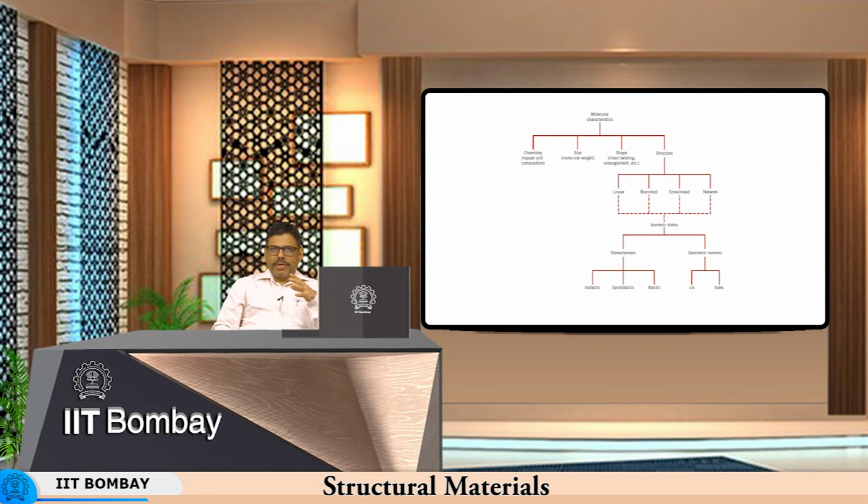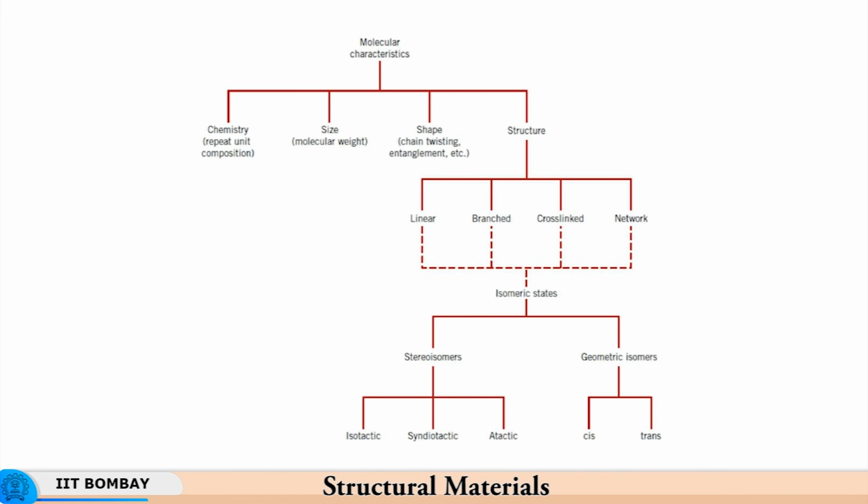But if they get cross-linked, then the degree of freedom of every polymeric chain gets curtailed, and as a result the freedom of movement being restricted, the polymer behaves very hard or very rigid. So these cross-linked polymers would behave much stronger as compared to the ones which are not cross-linked. So the material is the same, but because of the arrangement of chains, you have different strengths and different mechanical behavior.